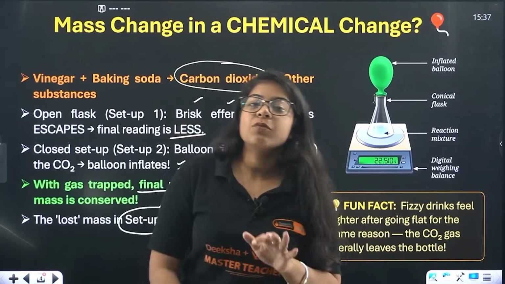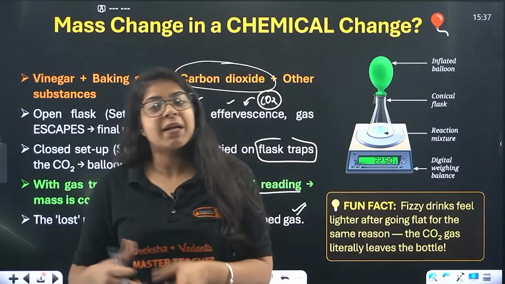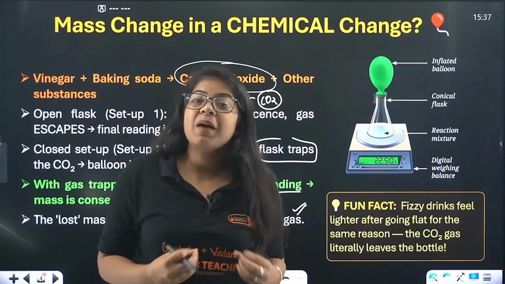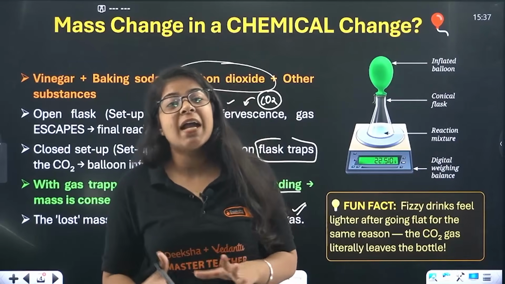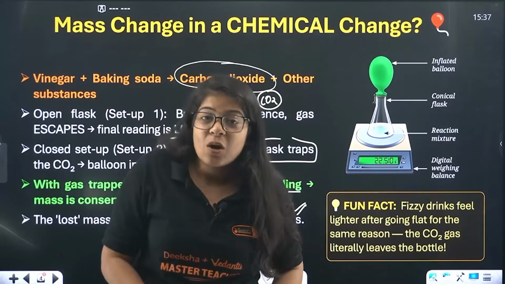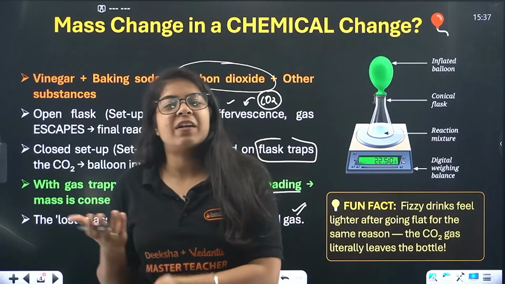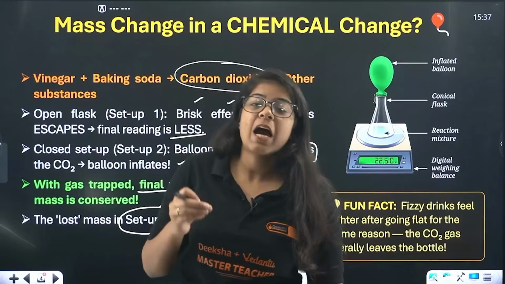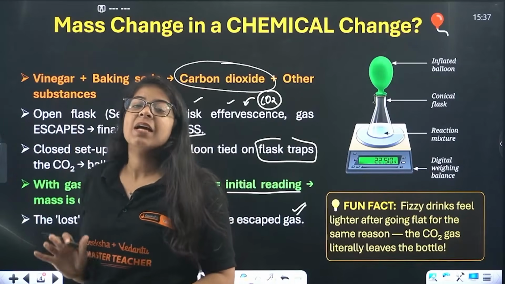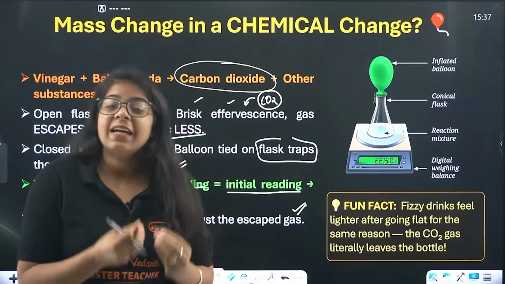Those bubbles coming out mean gas is coming out. After some time, you drink it and it feels a little heavy, but if you keep it there and let all the gas evaporate, you will see the drink is now light. It's just sweet water, and it will feel like you are drinking water and a sugar solution only. When the carbon dioxide has escaped, the soft drink will feel lighter.